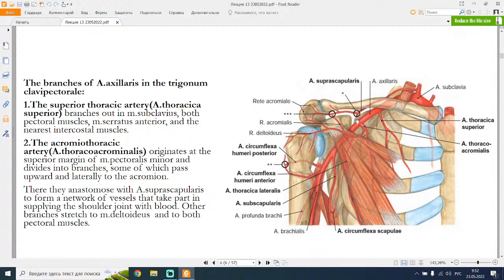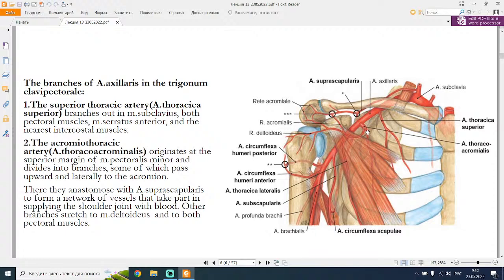Arteria thoracica superior branches out in musculus subclavius, both pectoral muscles, musculus serratus anterior, and the nearest intercostal muscles. Arteria thoracica superior.